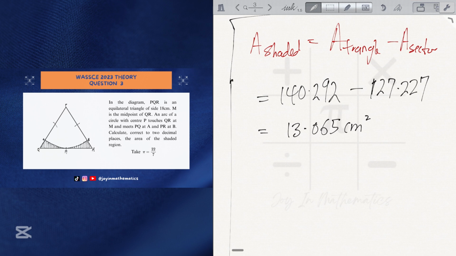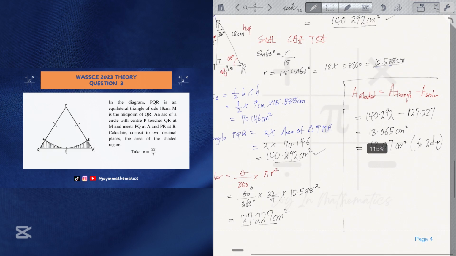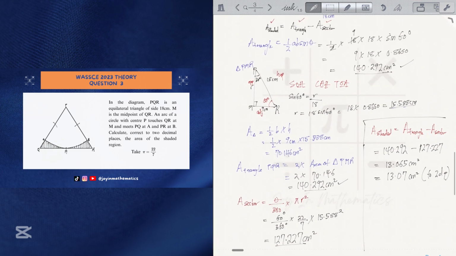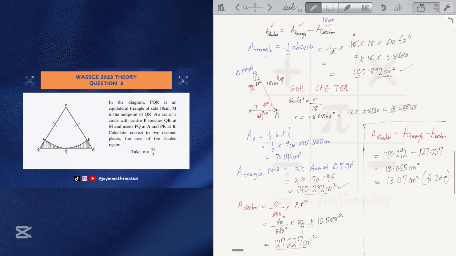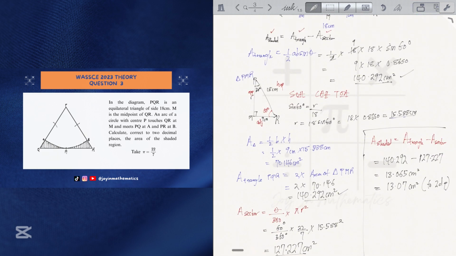If we go back to the question, it says we should correct to 2 decimal places. Correcting to 2 decimal places, we will have 13.07 centimeter squared. So this brings us to the end of this question, and I trust we established understanding. Let's move on to the next question, question 4.